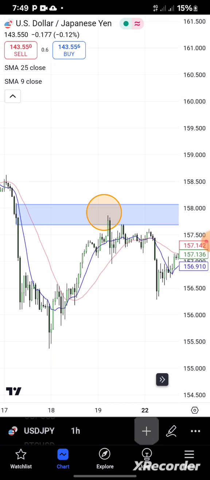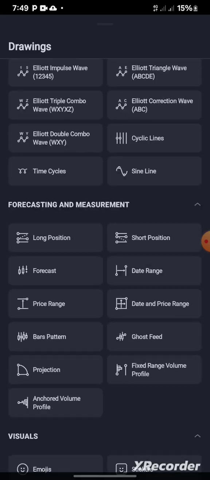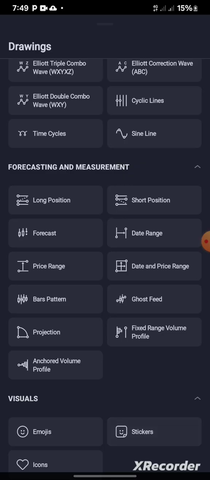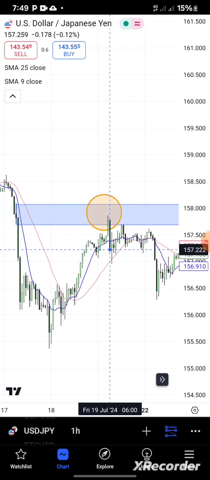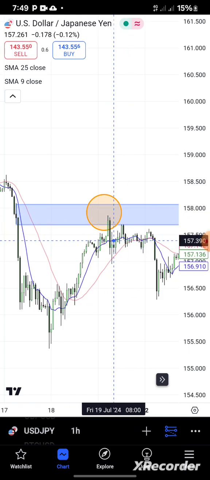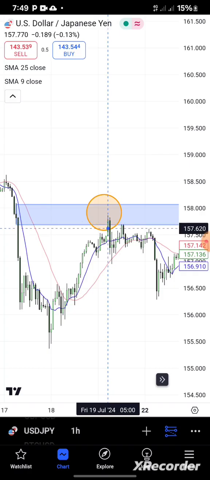You're going to place your short position as soon as this candle closes, when this candle forms the third candle. This is a bearish engulfing candle.